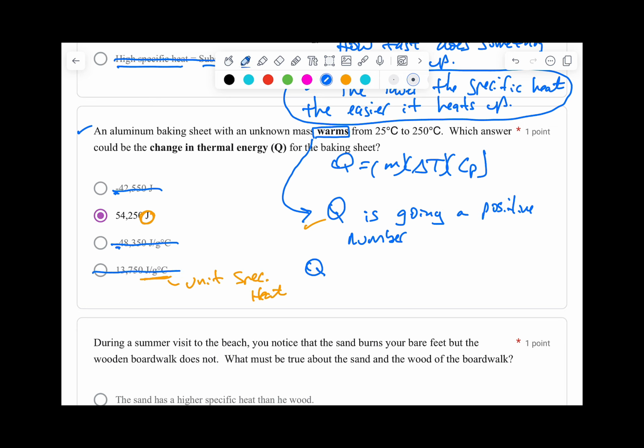So I can cross that one out, meaning the only one left that makes any sense is that one. You don't have to do a bit of math. You just have to know that when we see the word warms, it means Q is positive. If this word had been cools instead, then we'd be looking for a negative Q, because Q is all about how much energy we're either gaining or losing from a system.